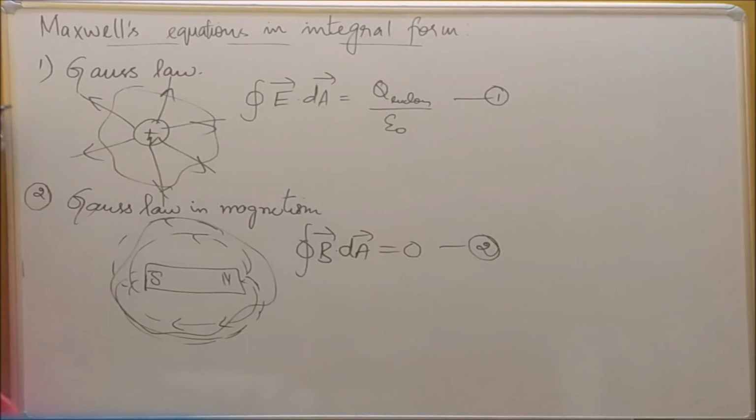The field lines pass from north pole to south pole. We know that. The number of field lines going out and coming in are equal. So the equation is the integral of B vector dot dA vector is equal to 0.